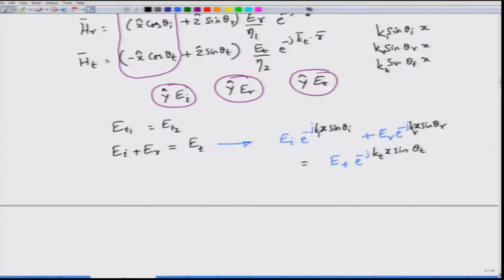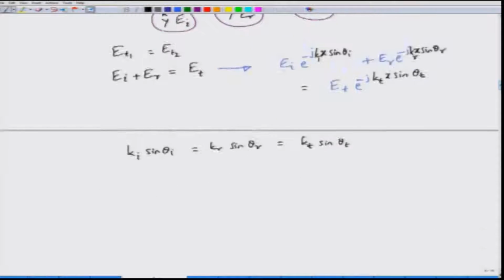So, it is not just at one point; you have to satisfy this at all points along x. So, the only way you can satisfy them at all points along x is if ki sin theta I be equal to kr sin theta r, which must be equal to kt sin theta t.